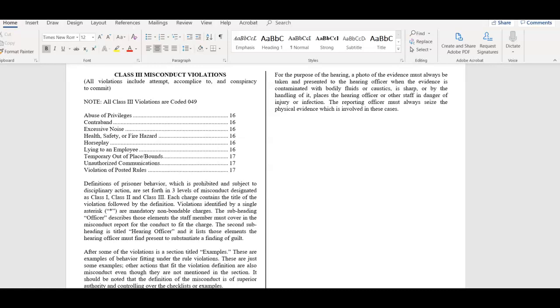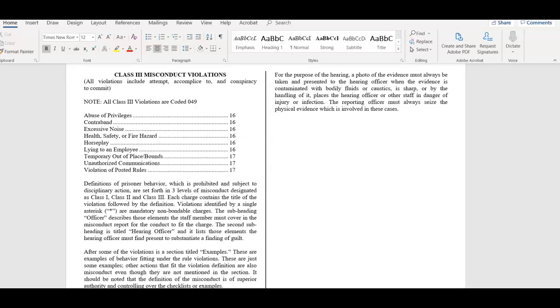So let's say that the inmate is going to school, supposed to be there at 10 a.m., but at 10:02, he's looking at a bulletin board that lists jobs within the facility. An officer could give him a warning, or if the inmate kind of gets smart mouth, could give him a temporary out of place, out of bounds.